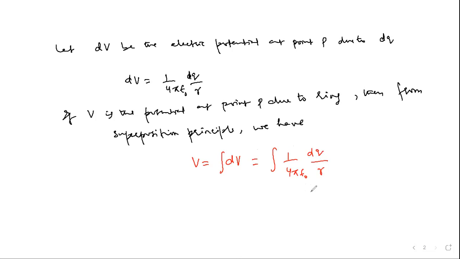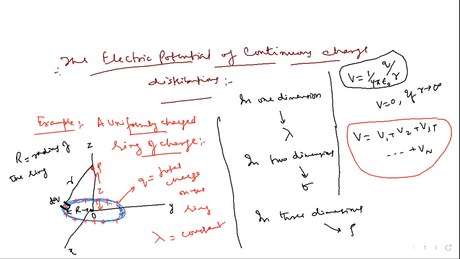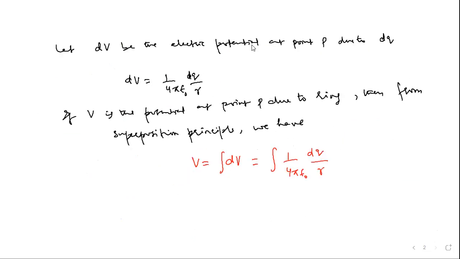Now see, for all elements making up the ring, this distance of the point from the element is the same from the symmetry of the problem, so it can be taken outside the integral. That means it will simply become 1 by 4 pi epsilon naught r integral dq, right?